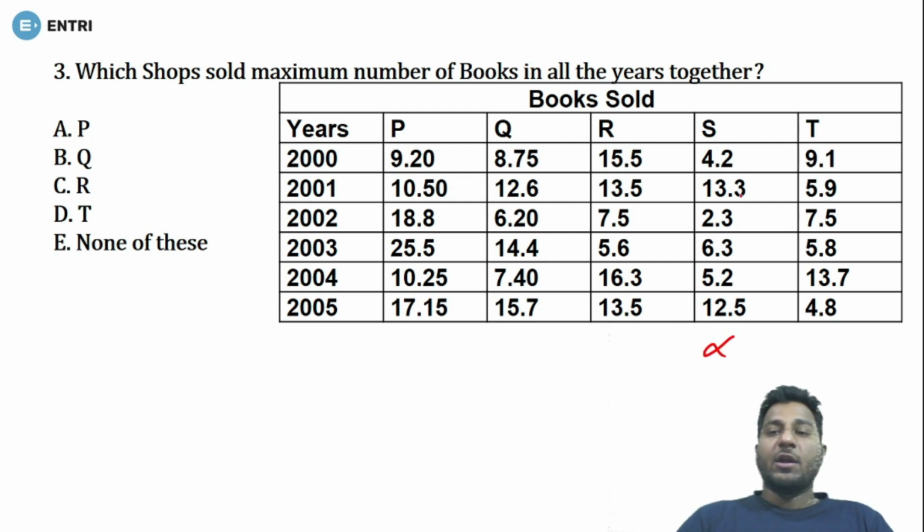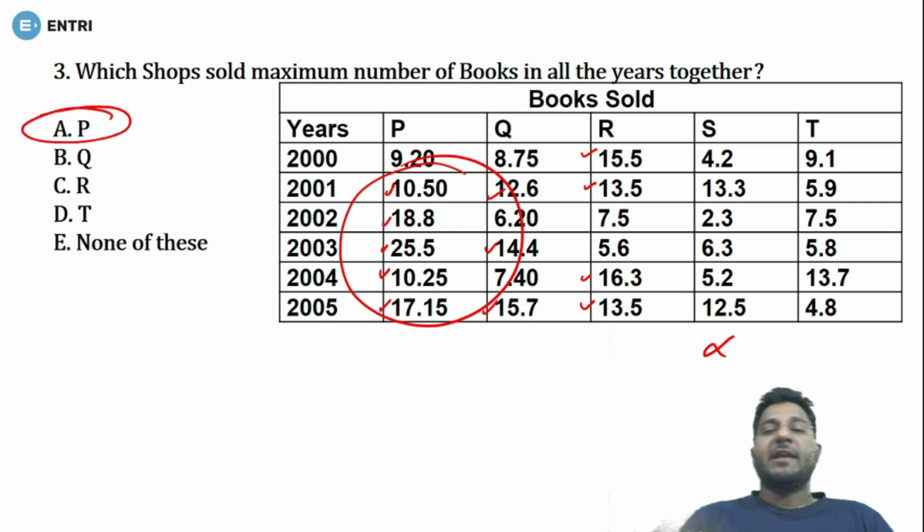Look at this. Lots of single digit numbers are there. Similarly, here 1, 2, 3, 4, 5. 5 double digits are there. While here 1, 2, 3. Only 3 double digits are there. And here 1, 2, 3, 4. Only 4 double digits are there. Okay. So I believe it has to be shop P.